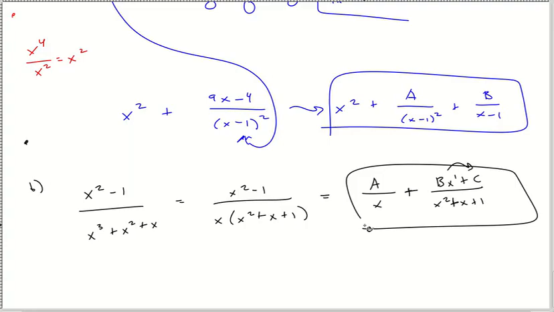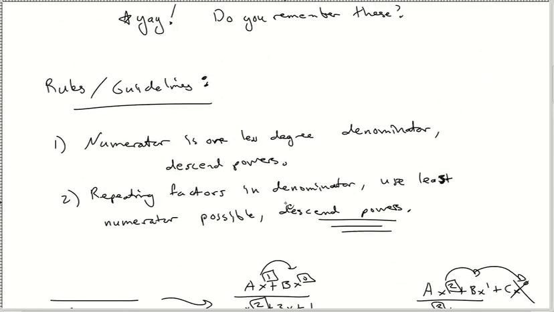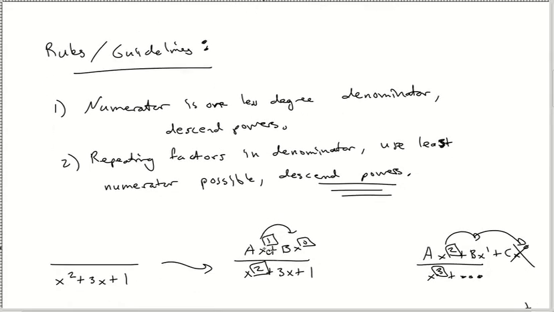So just going back to my rules, my guidelines. In the numerator, it'll always be one less than the denominator. So again, my denominator is the factors. I find what that degree would be, and I go one less, and then I descend down. So again, I start with like a 1, and I go down one constant. I have a 2, and then a 1, and then a constant.